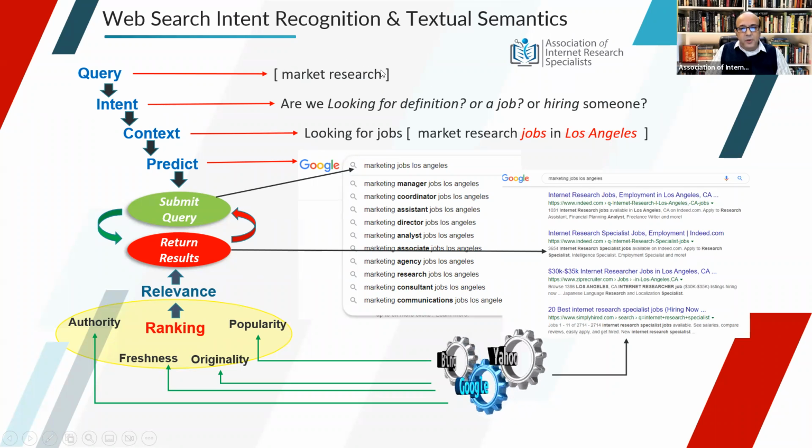So where we are assuming that the search engine is going to use these two terms, we have to understand that the search engine would have a pre-built or preconceived marking for using these two words together as more popular or having meaning in different ways, either as you're looking for a definition or you're looking for a job, or whatever it may be. If market and research are combined together, it's only because the search engine thinks it to be more popular together versus using it as a single word.